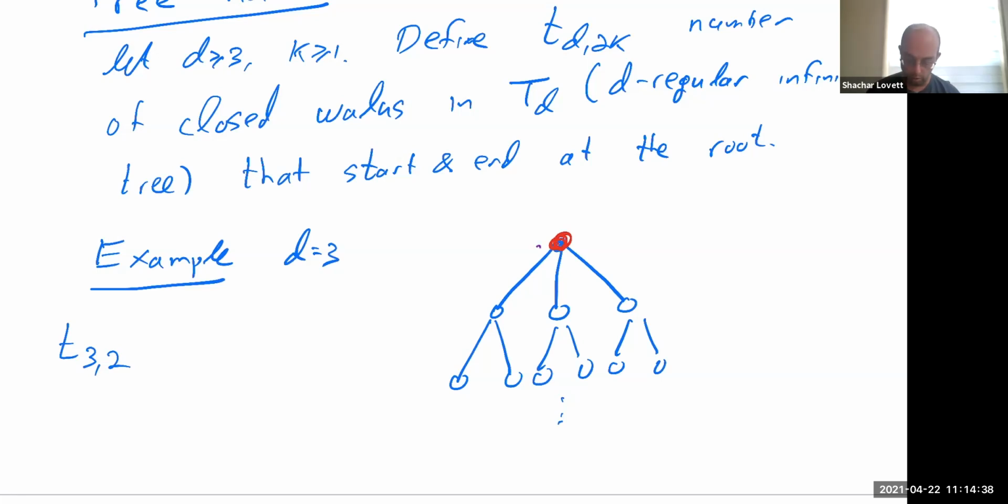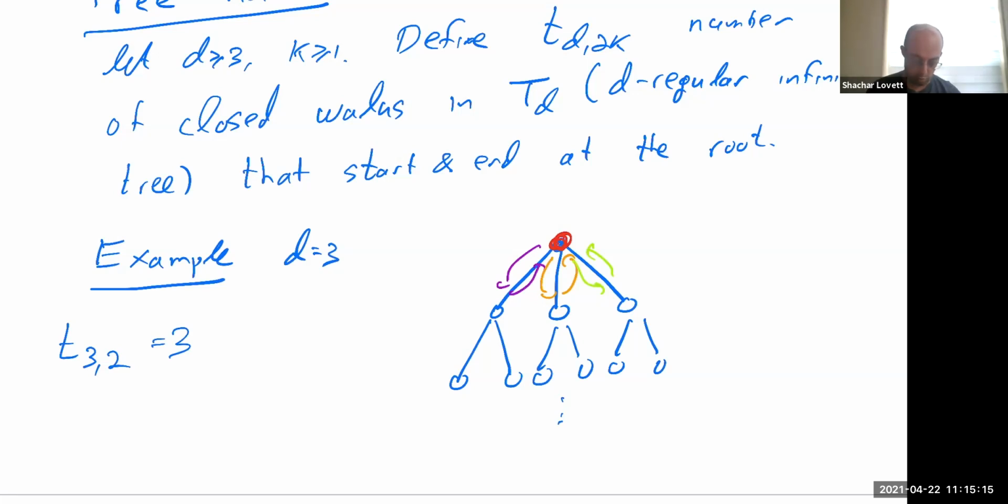I could go here and back, or here and back, or here and back. So I have only 3 options of cycles of length 2. Remember, it's not a simple cycle. I'm allowed to go back on the edges. In fact, I have to go back on the edges I came in on. But I have 3 options.